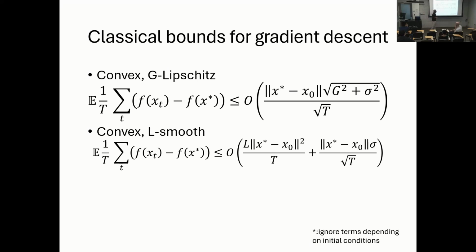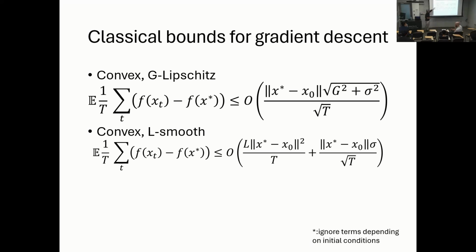So if sigma is really tiny, you can ignore this term and you would get 1 over t. However, as the noise gets bigger and bigger, your convergence gets worse, and you get back to the 1 over root t. So you get exactly the same term as here, but if sigma is very small, you can get the convergence to be 1 over t instead, which is better.